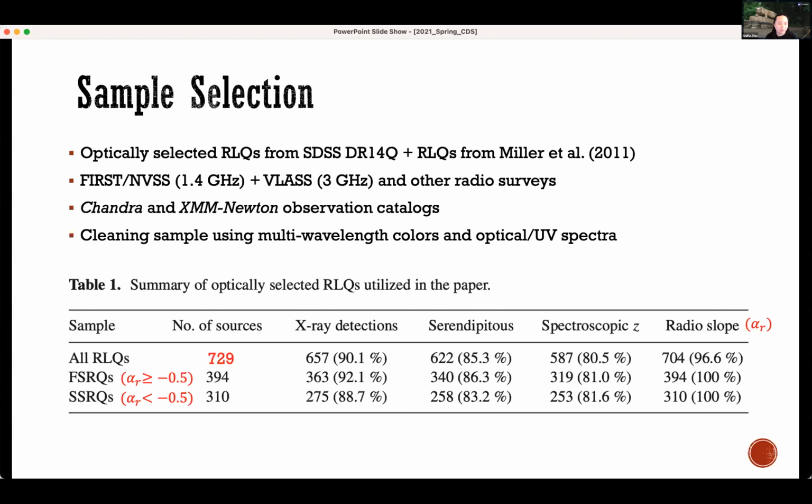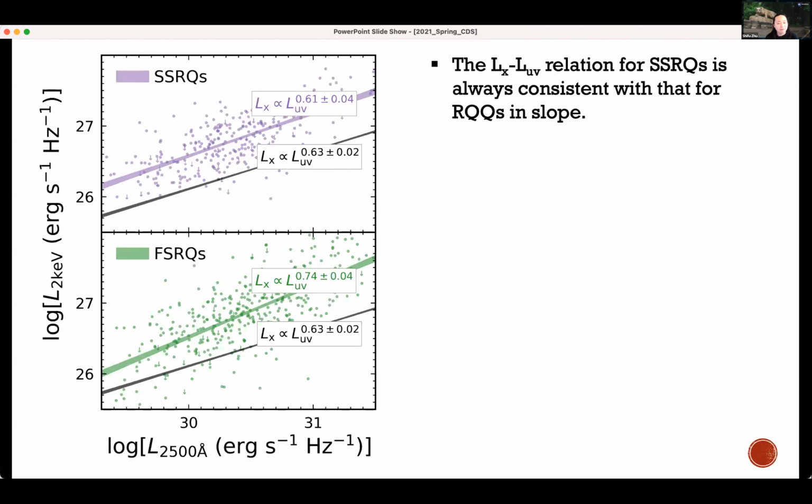Therefore, we could divide the sample into flat spectrum radio quasars and steep spectrum radio quasars. We find that the LX-LUV correlation for the steep spectrum radio quasars is always consistent with that for radio quiet quasars, shown in this black line. It's only that the normalization of this correlation is larger in steep spectrum radio quasars.